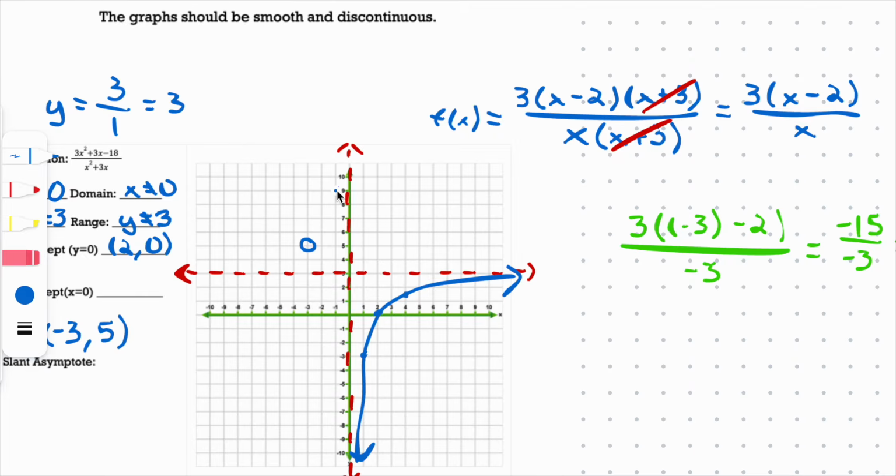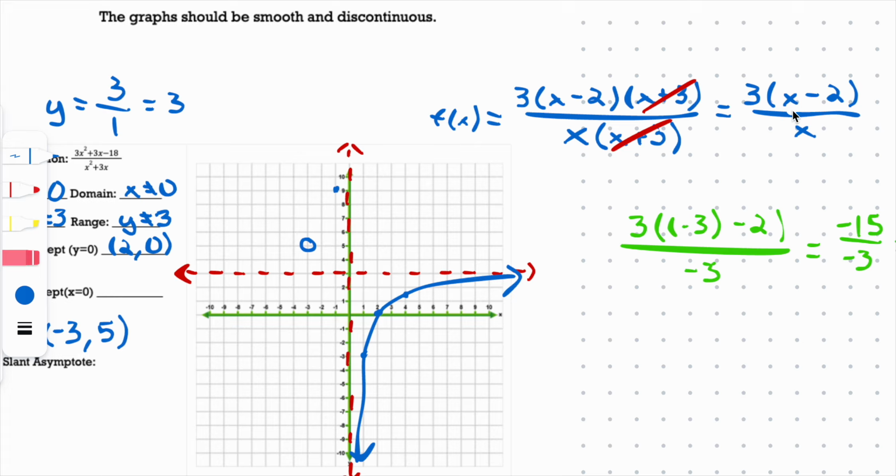So I know we have a point up there. Okay, now let's plug in something like, let's do negative 4. Or actually, sorry, I'm just thinking about this. Let's do negative 6. But yeah, it doesn't matter.